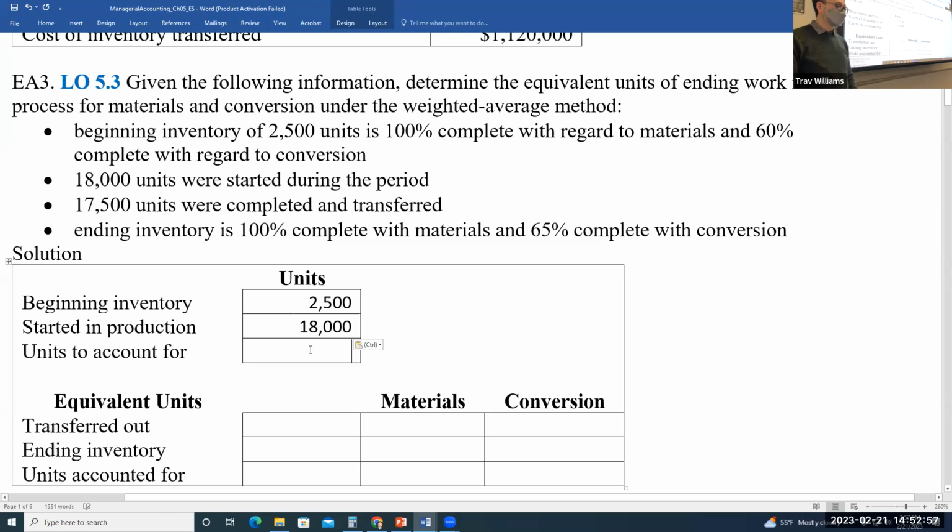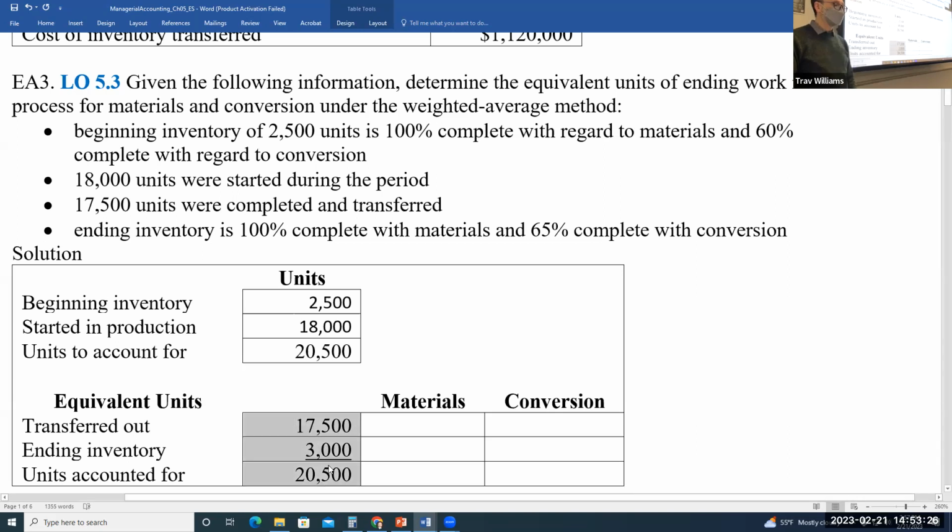So what is our units to account for? 20,500, okay. Is that the same as units accounted for down here? All right, and 17,500 were completed and transferred. So how many units are in ending inventory? 3,000, the difference, right?